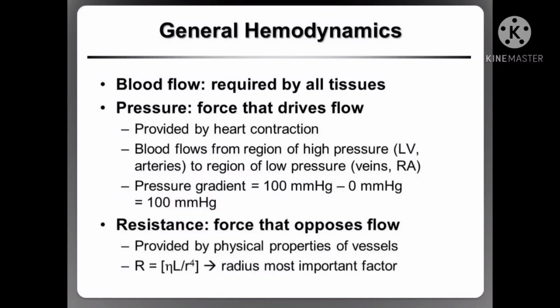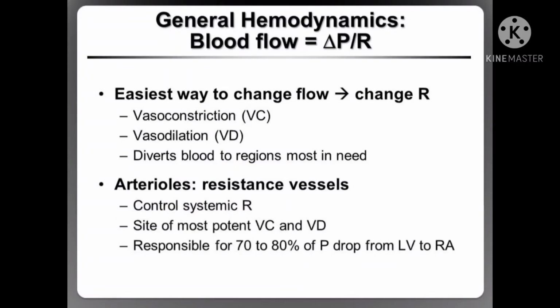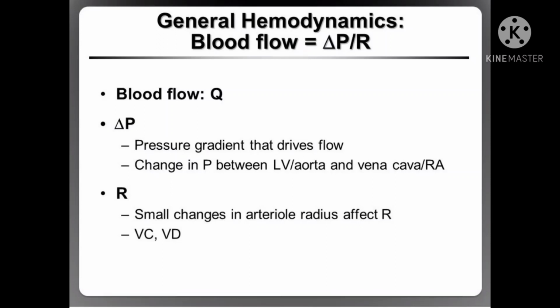Third is the resistance, which is the force that opposes flow. General hemodynamics: the easiest way to change flow is through arterioles, the resistance vessels. And this is the general hemodynamics of blood flow.